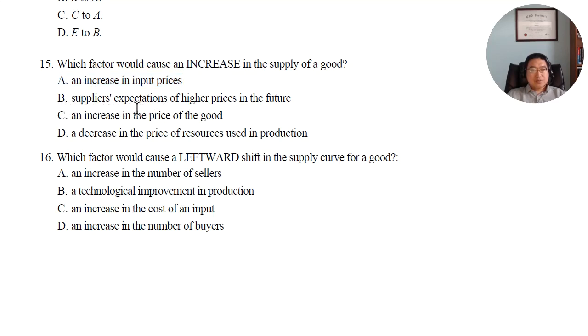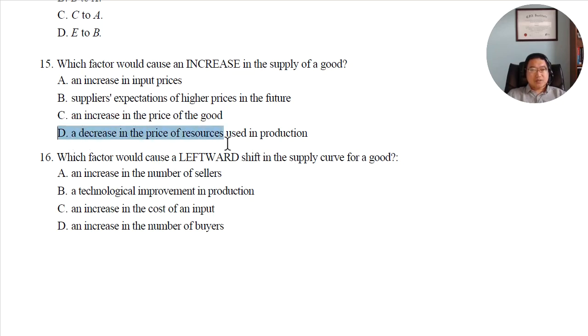B, suppliers' expectation of higher prices in the future. Would that be... C, an increase in the price of the good? That is a movement along the supply curve. Okay, when you change the price, that's a movement along the curve, not a shift of the curve.